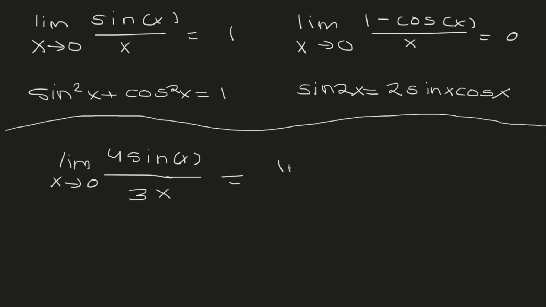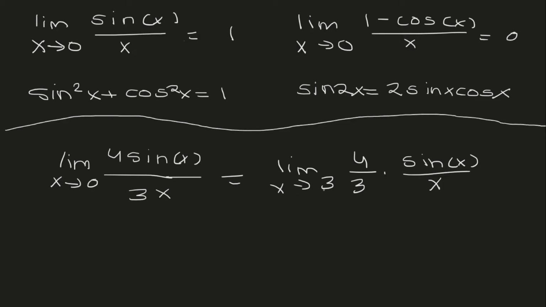The first thing we can do is factor out a 4/3 from the equation. So by separating those two terms, we get 4/3 times sine x over x. Now what we did here was basically take the 4/3 out and separated it into two different fractions.